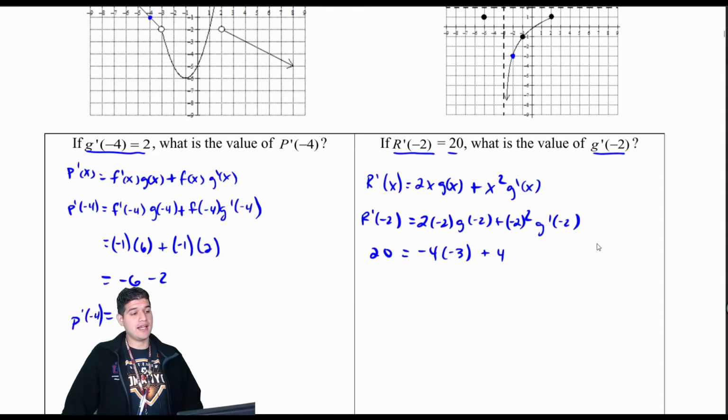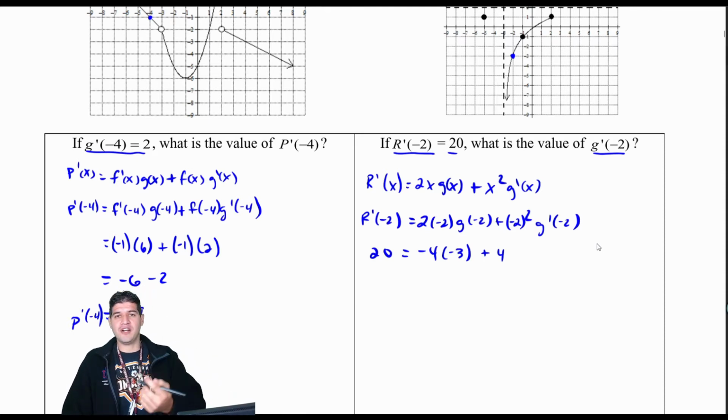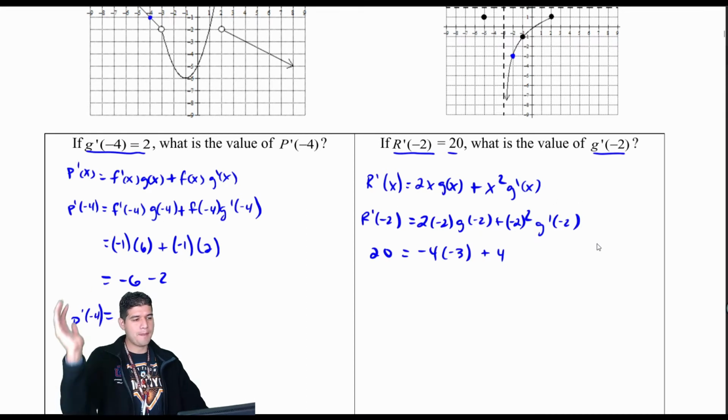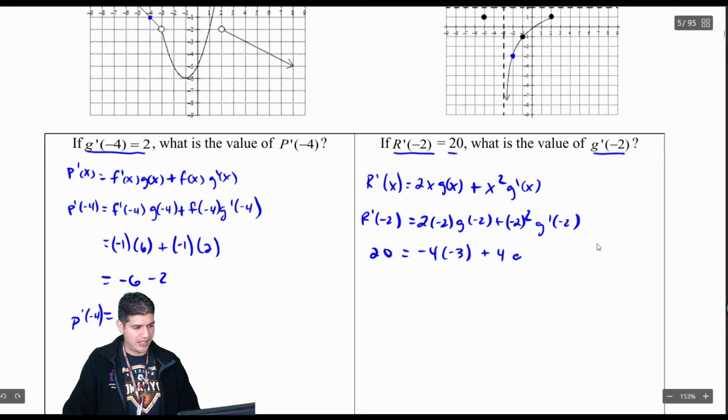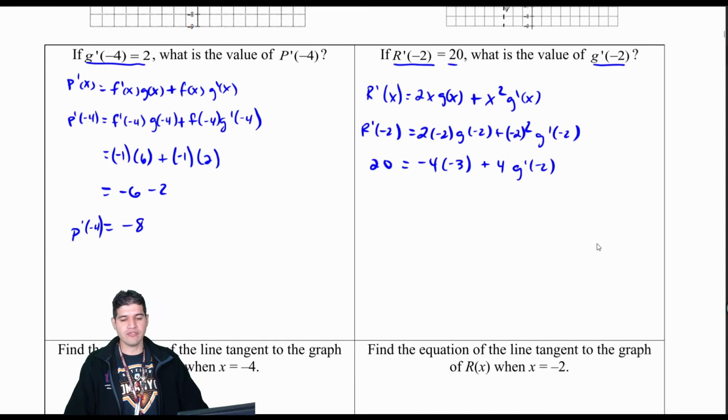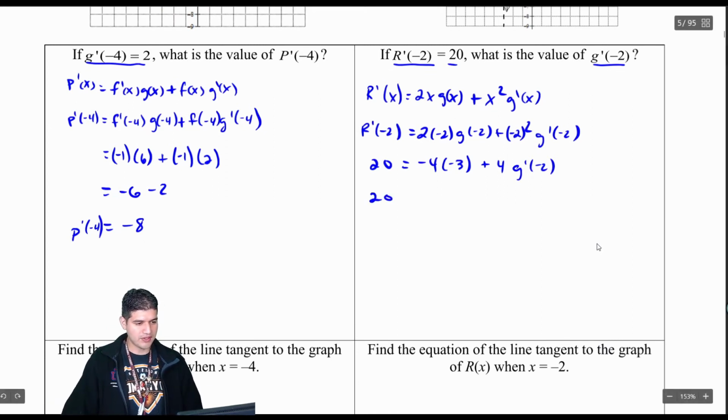I can't get that from the function because it is parabolic right there. So I won't be able to grab the value just by an estimation; that won't be good enough. So I want to find that. And then I just need to solve for it here because there's just one unknown. So I'll solve this like a normal equation. So 20 equals 12 plus 4 times g prime of negative 2.